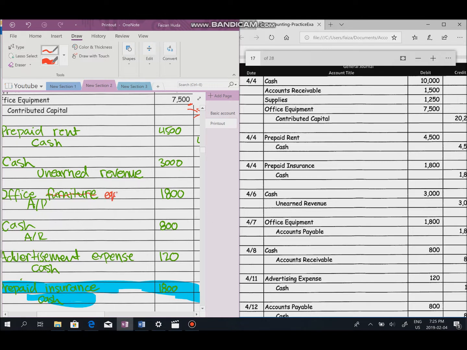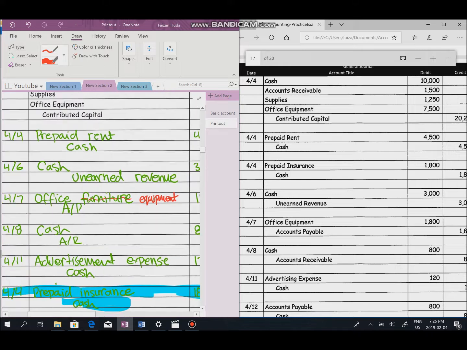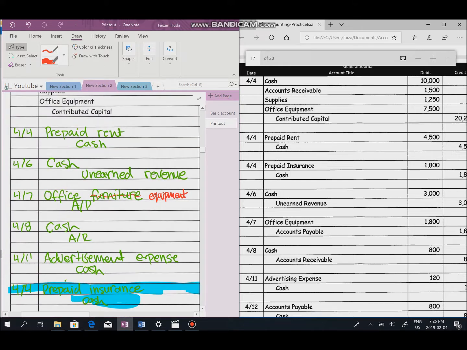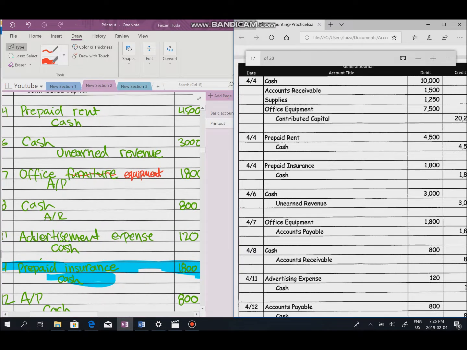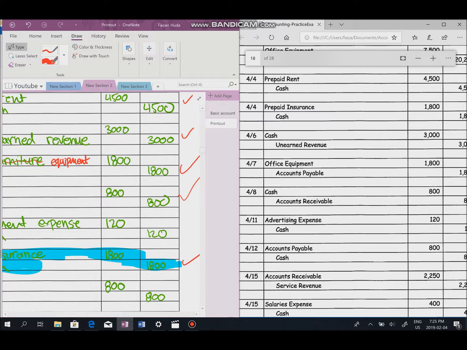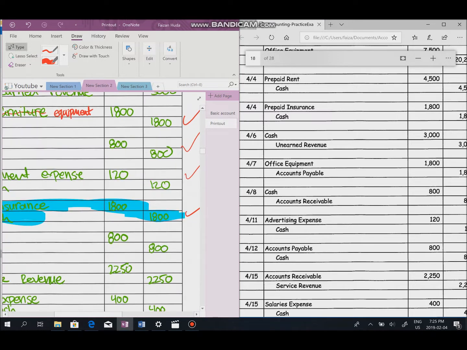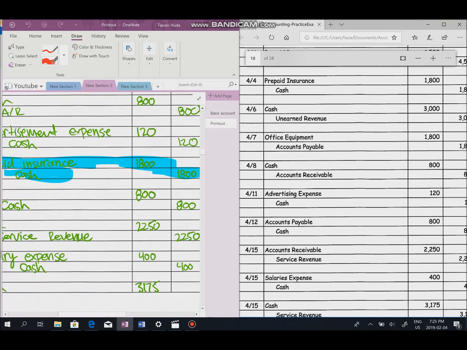Equipment would be accounts payable 1,800. We're right. Check mark. Cash and accounts receivable. Yeah, $800. Check mark. Moving on, as I said, it would be advertising expense. Cash 120, 120. We're right. Check mark. Accounts payable, cash 800, 800. We're right. Double check.